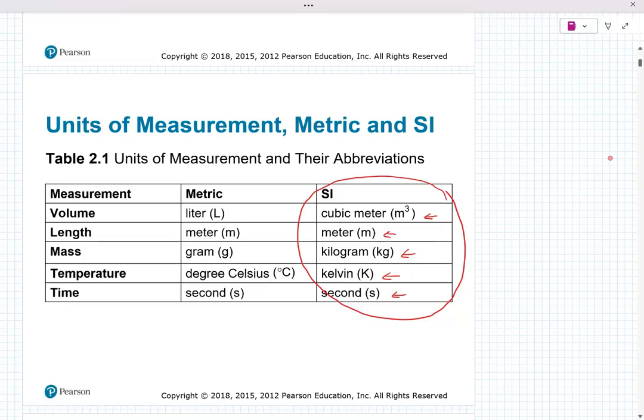Now, we can use it in regular life, totally. But if you want to talk about density in chemistry, you usually deal with relatively small amounts. You deal with grams and milliliters and cubic centimeters. Am I making sense?